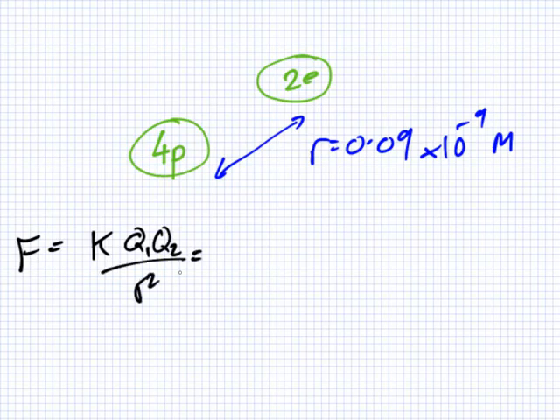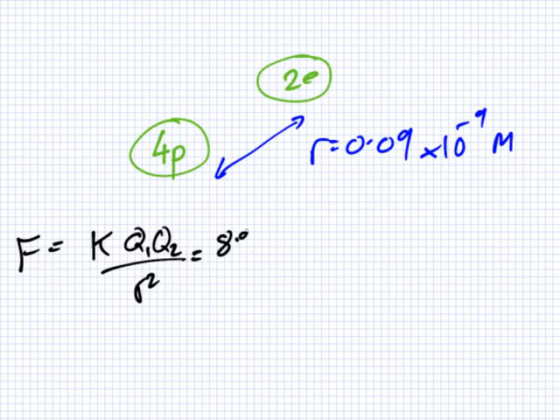So the K, if I remember, is like 8.99 times 10 to the 9, is that it? Let me double check it. Yeah, 8.99 times 10 to the 9.